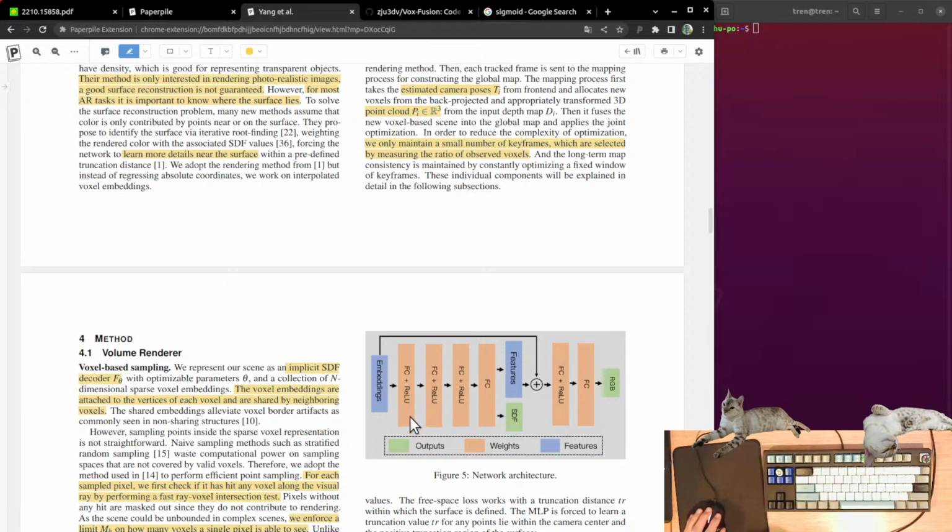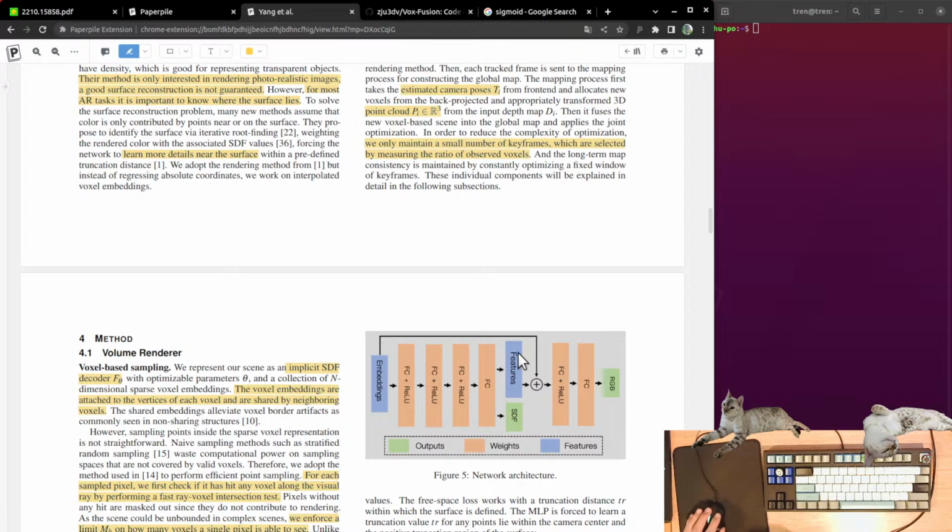These have rectified linear units, ReLUs, right? Non-linearities, standard stuff. This last layer does not, because you want to output the depth for the signed distance function, which can be negative or positive, so you don't want to put it through a ReLU.